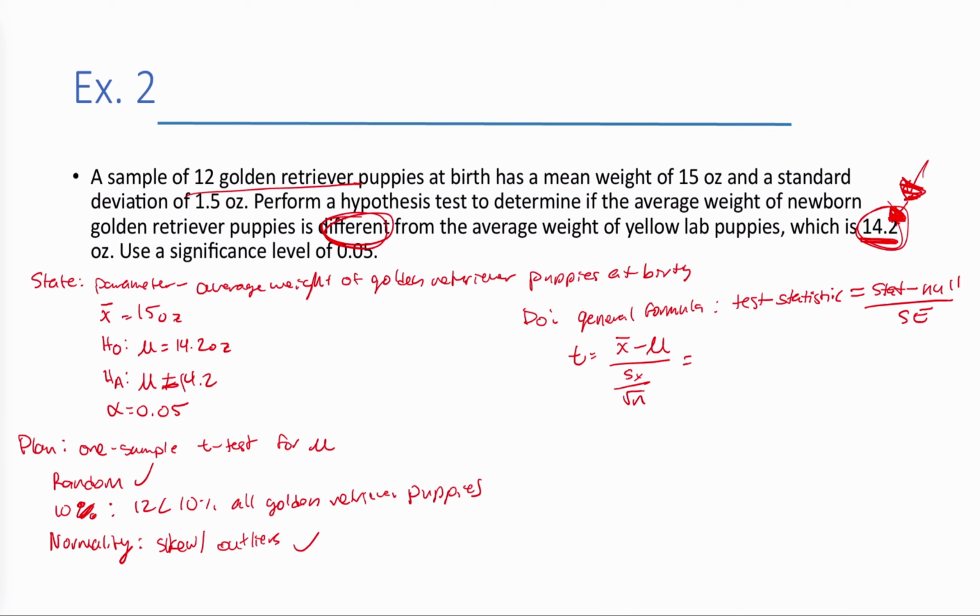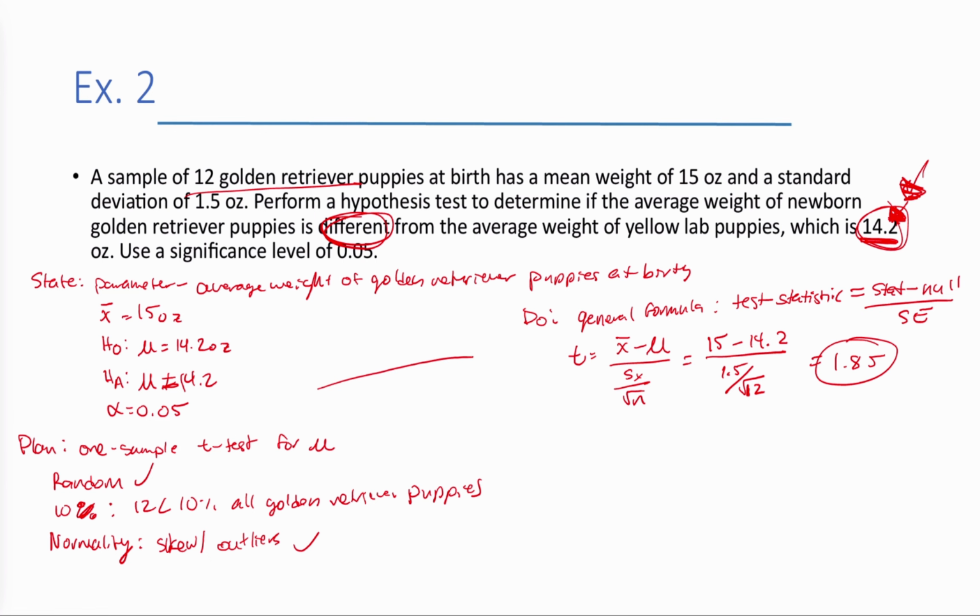Our x bar is 15, our mu is 14.2, our sx was 1.5 over the square root of 12. You put all that into your calculator, and you get t equals 1.85.